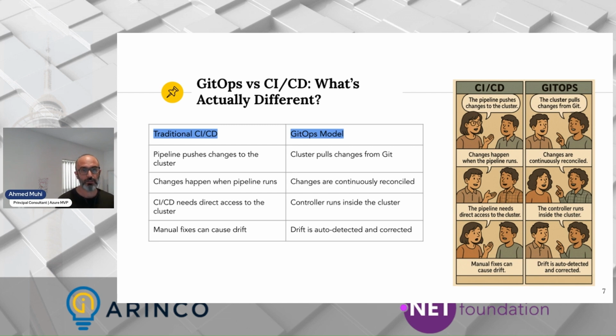The GitOps agent, on the other side, is a controller sitting within your own Kubernetes cluster, checking a Git repo to see if the state changed. If not, it will do nothing. But if it found a change, it would apply it. No need to give an external system access to your cluster.